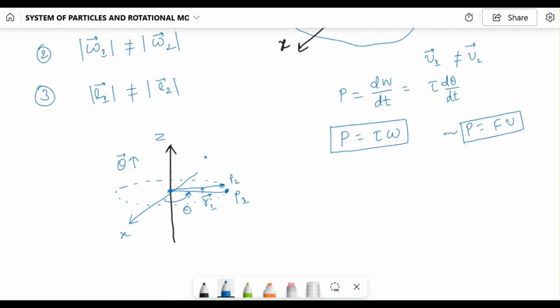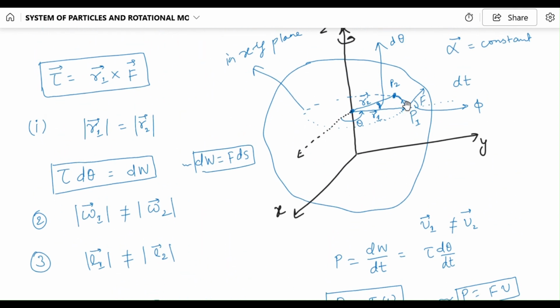Now, what about angular velocity here? In the same way, if this body has angular displacement along the z axis, it should have angular velocity along the same axis. Only then will it be in accordance with this displacement, because of the direction in which the particle is moving, it will cover angular displacement. So these two should be along the same direction. Now, what about torque? In this particular case, we are going to take only the component of the force perpendicular to this position vector.